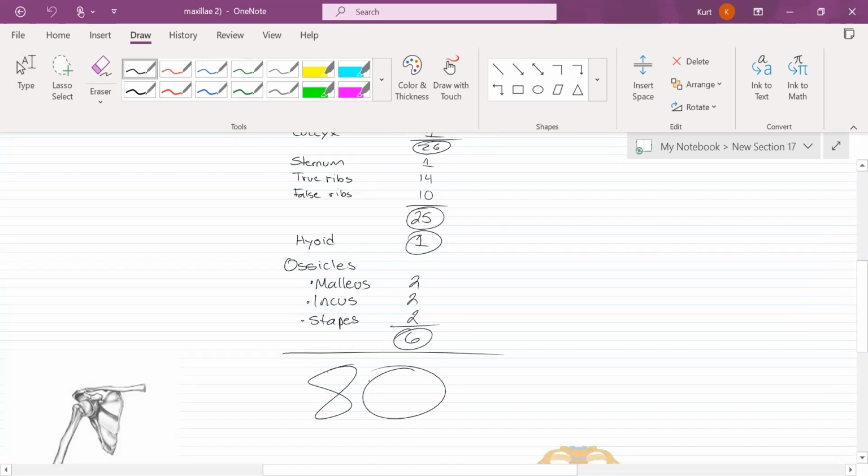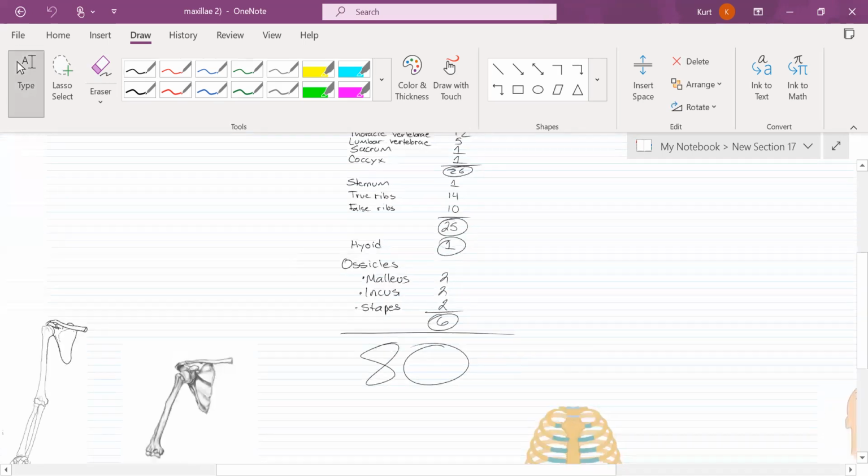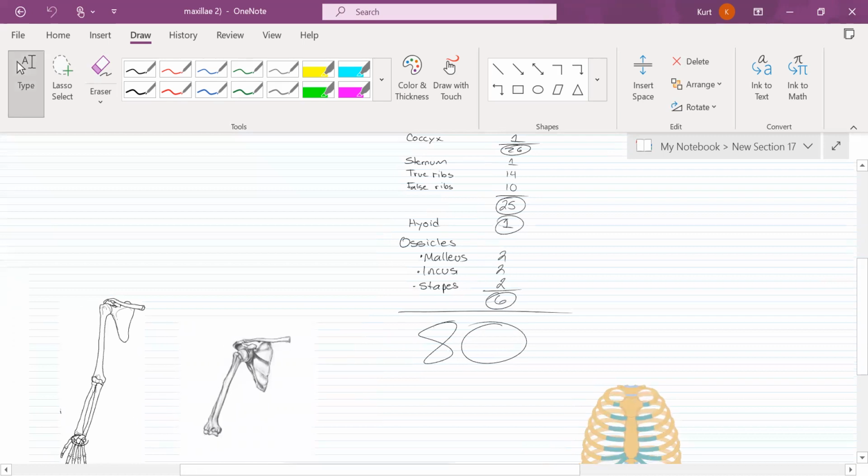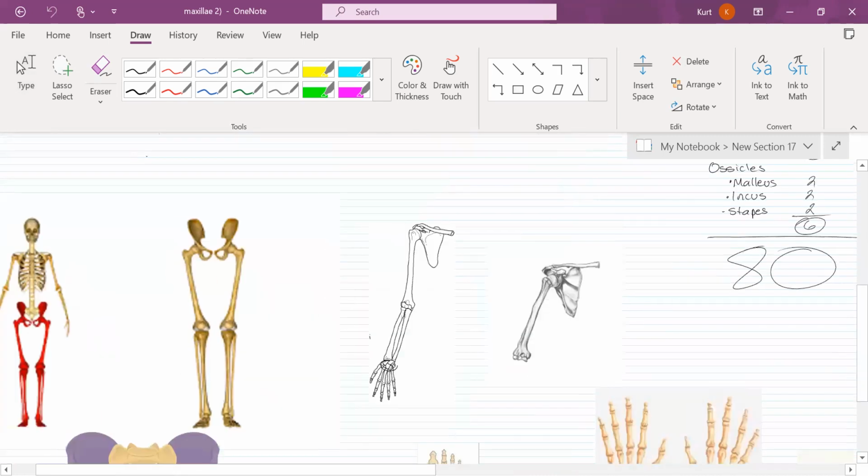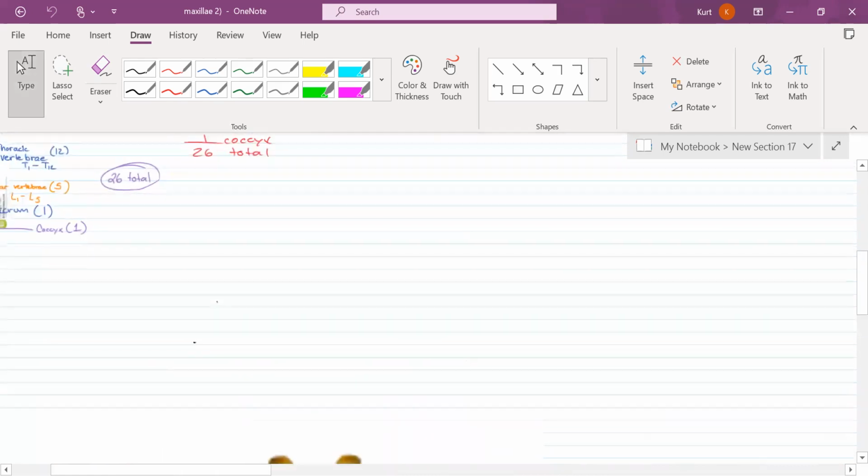So today, with the other part of your skeleton, we're going to do another 126. You ready? Let's do it. Today is going to be mostly your appendicular skeleton.